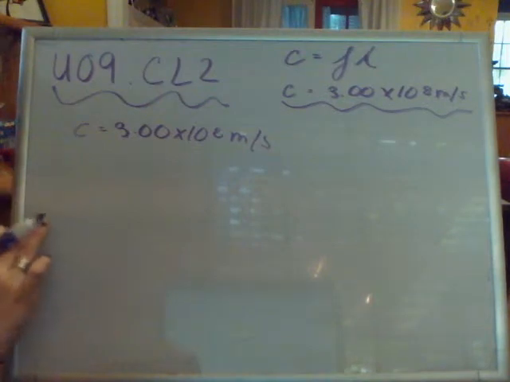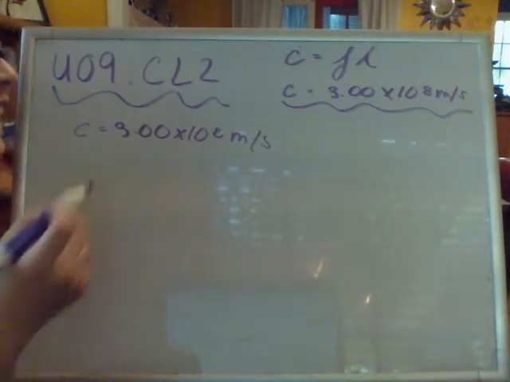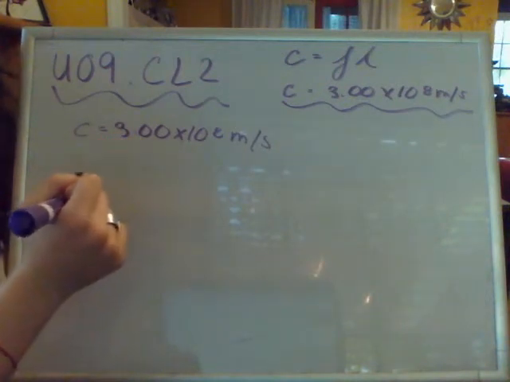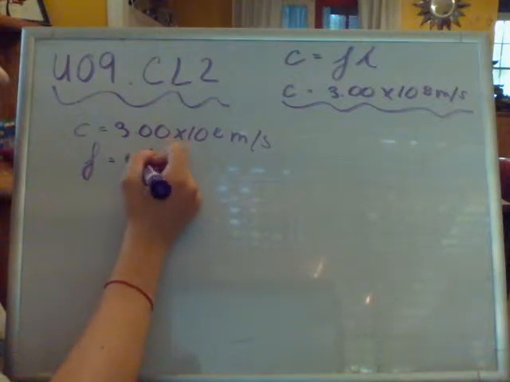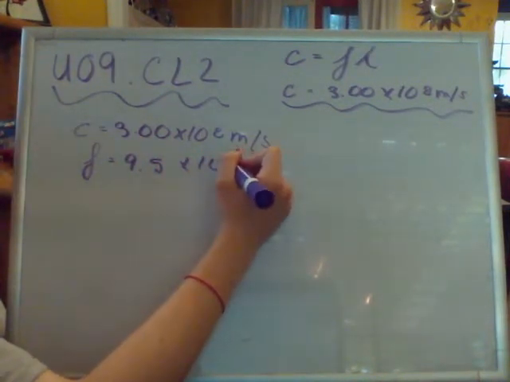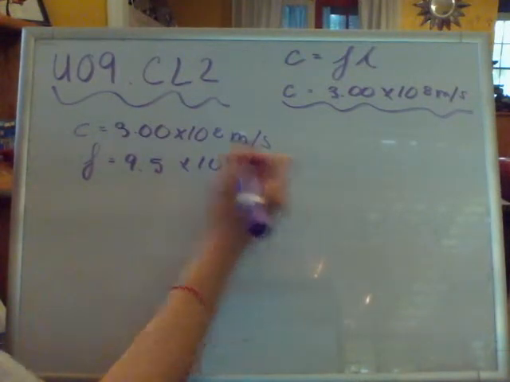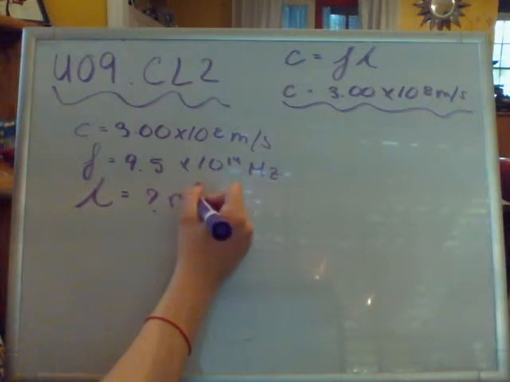But if it's not, then we're not doing this right. And then it gives us the frequency, which is 9.5 times 10 to the 14th hertz. And we're trying to find the wavelength, and that's going to be in meters.